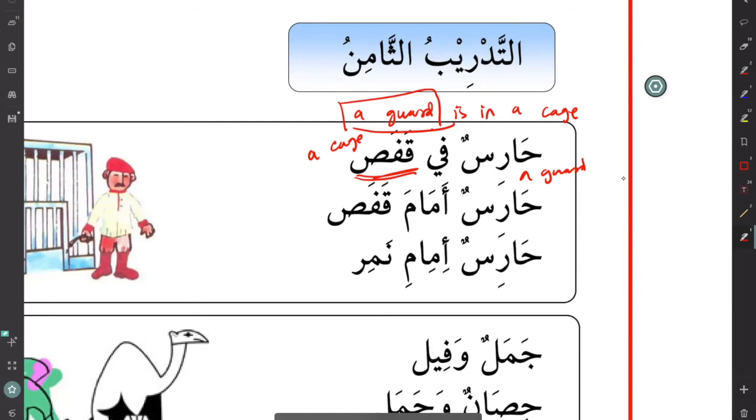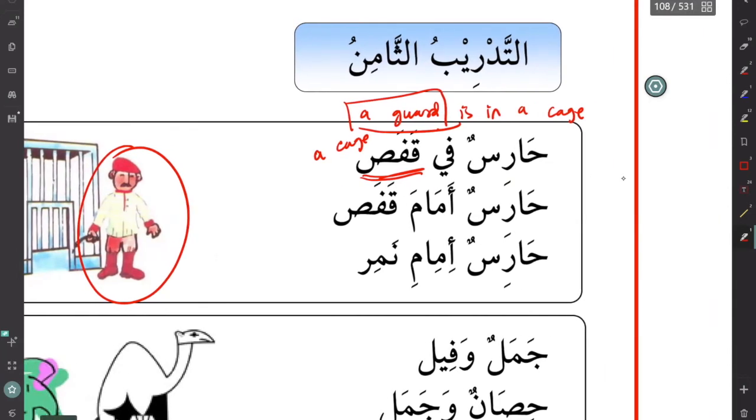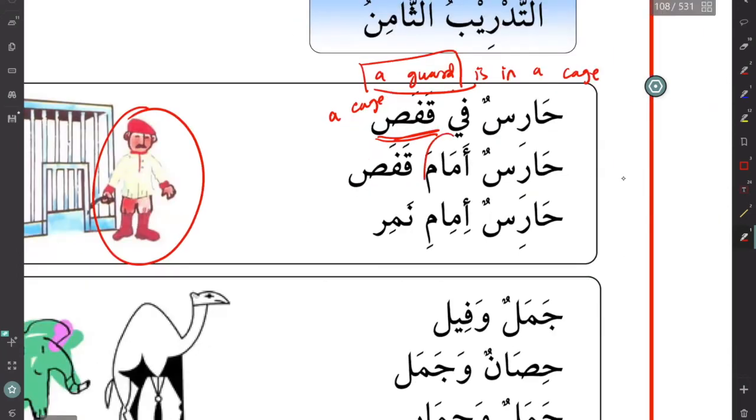It's not correct to say a guard, like indefinite. This is not al-harisu. A guard is in the cage. Rather, maybe it could be Haris, his name, but here we know that they're talking about the guard, but we can also translate as Haris is the name. Haris, he is amama, in front of the cage. Again, we need a kasra, all of this, because these are all prepositions. And then we can say Harisun.